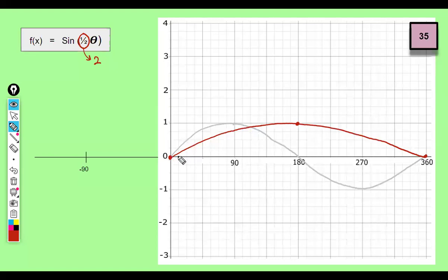But now the graph has gotten twice as long horizontally. So that means only the up part can fit, because the up part needs 360. Obviously, if this graph went on to 720 degrees, 360 multiplied by 2 is 720, the down part would have been able to fit.